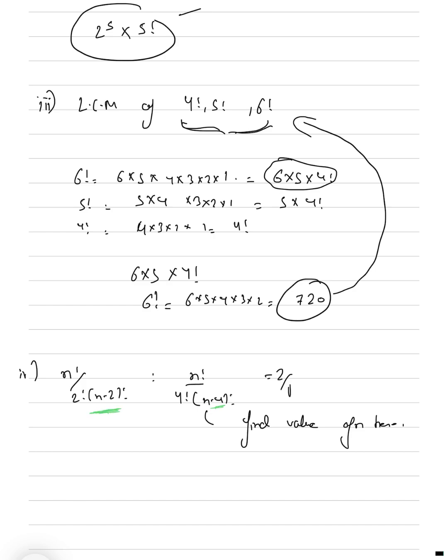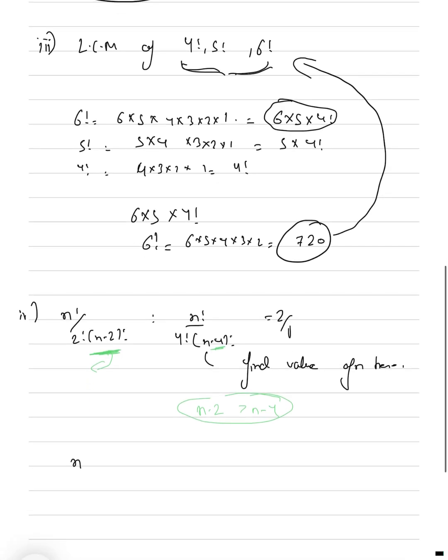Just remember that the greatest number is going to be broken into a smaller one. Okay, and n minus 2 is greater than n minus 4. So n minus 2 is being broken into smaller numbers, like for example factorial n, factorial 2, n minus 3, n minus 2, n minus 4, and the process continues here.